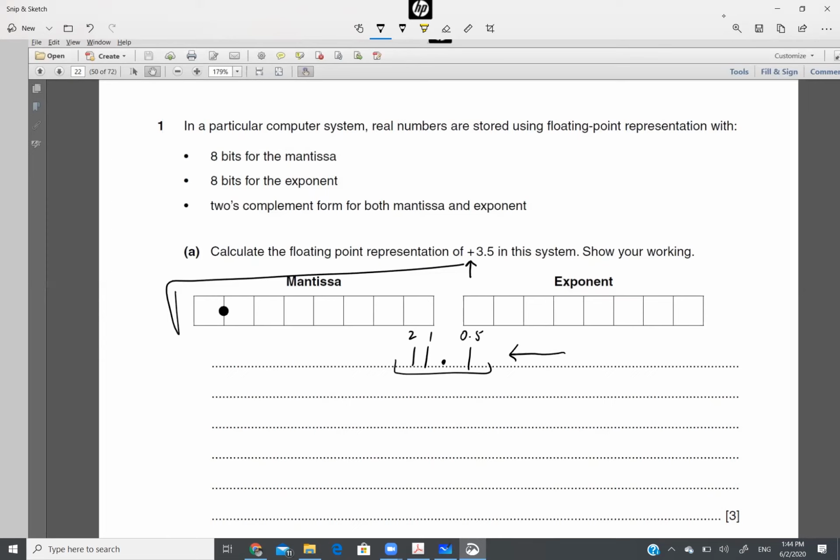Normalize means we need to make it into a form so we can store it here in this mantissa cell. Plus 3.5. So you need to move the decimal portion here like this and like this. It means that you need to take the decimal portion towards the left. And when you do that, the exponent will be added up like this, +1, +2. This is just like your basic maths.